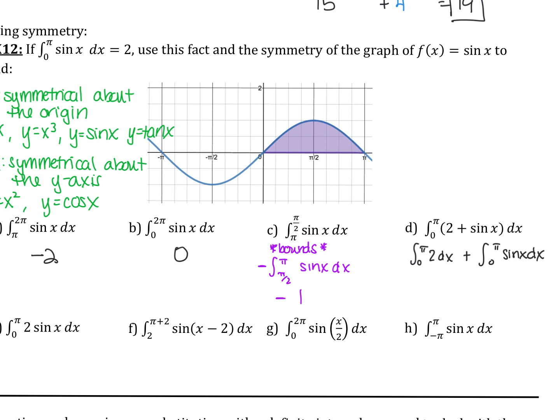If we use the fundamental theorem of calculus, that would say this would be 2x evaluated from 0 to pi. So this would be 2 times pi minus 2 times 0, which would just be 2 pi, plus, and we know that the integral from 0 to pi of sine of x is 2. So this end result would be 2 pi plus 2.